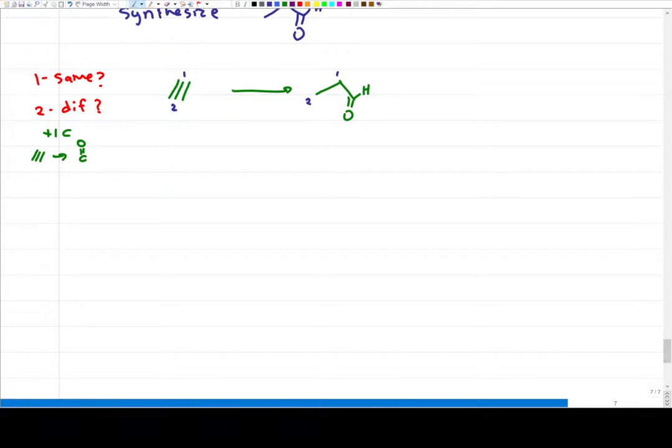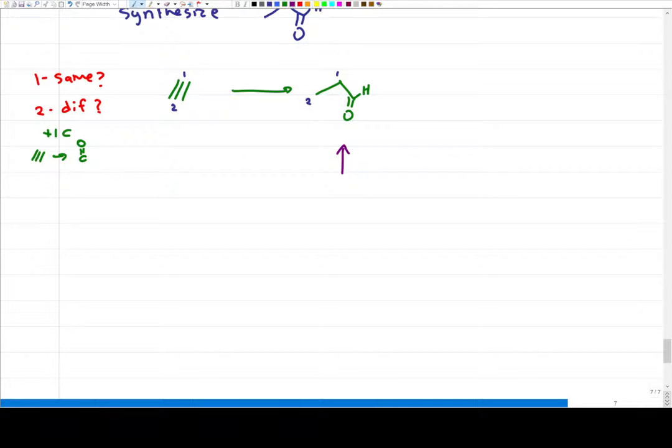And so we'll consider, what could this have come from? If I go one step back, and I know I have to turn 2 into 4, what 4 carbon chain will allow me to cut a carbon off to give me 3? Oxidative cleavage. And because I have an aldehyde and not a carboxylic acid, I would want to go with ozonolysis.